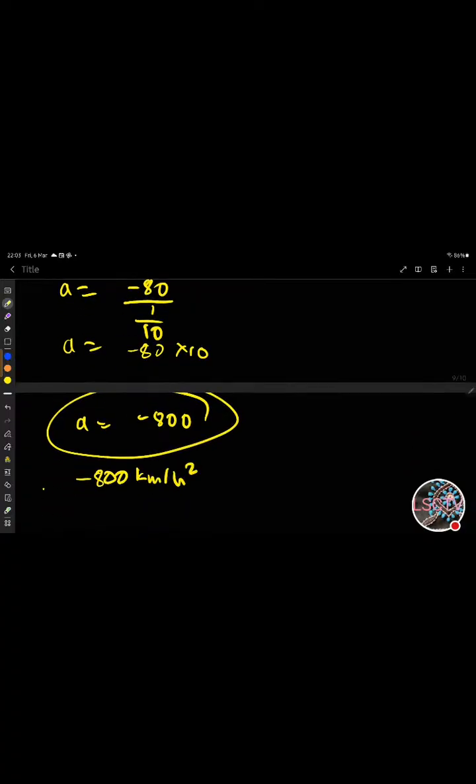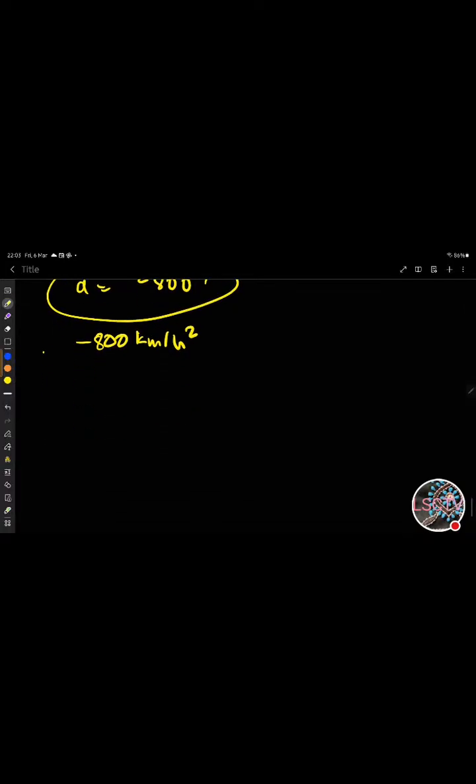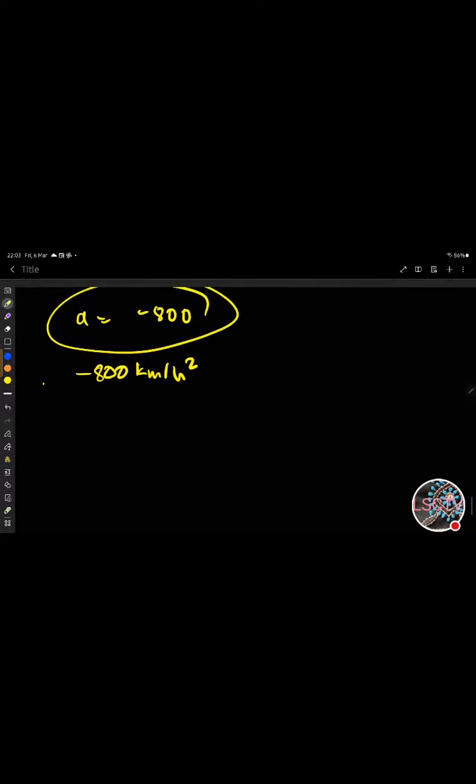Changing units is something that I hate, but it's easy though. You just do 5 by 18 for kmph to meter per second, then 18 by 5 for the opposite.